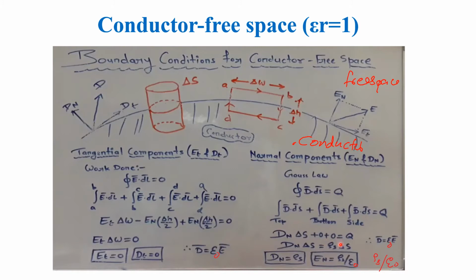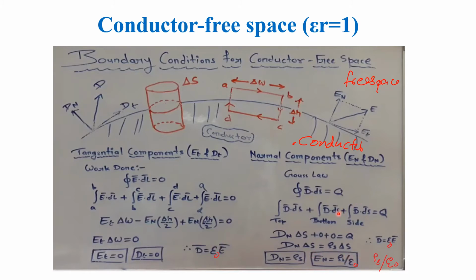About the side surface, there also the value of D dot ds is 0, because D tangential is outward and the surface vector for the curved surface is along the tangential direction. So the angle is 90 degrees there, and that also gives 0 value. So the electric flux is only in the outward direction. So that gives Dn delta s equal to Q.